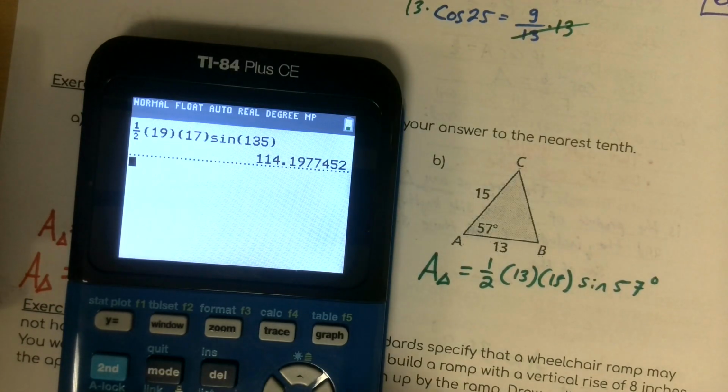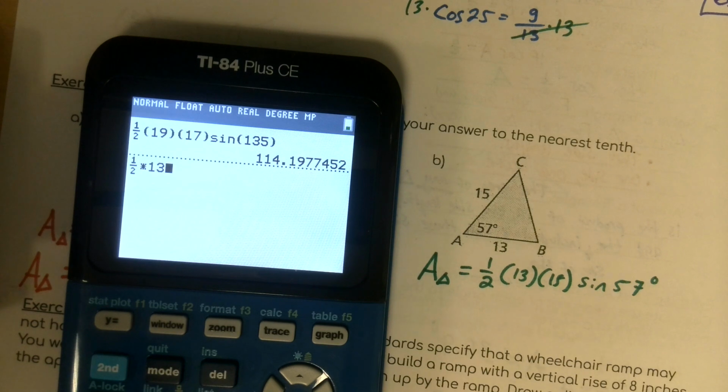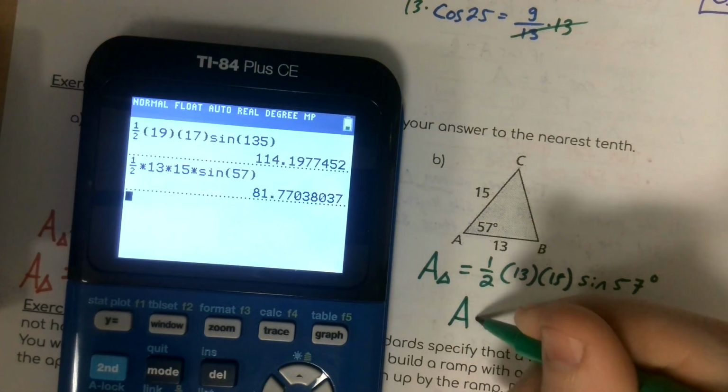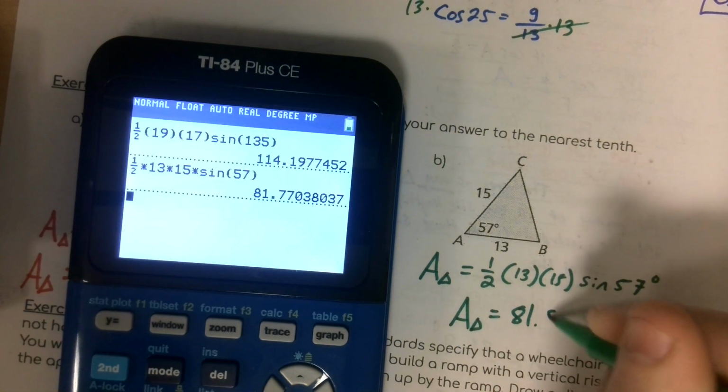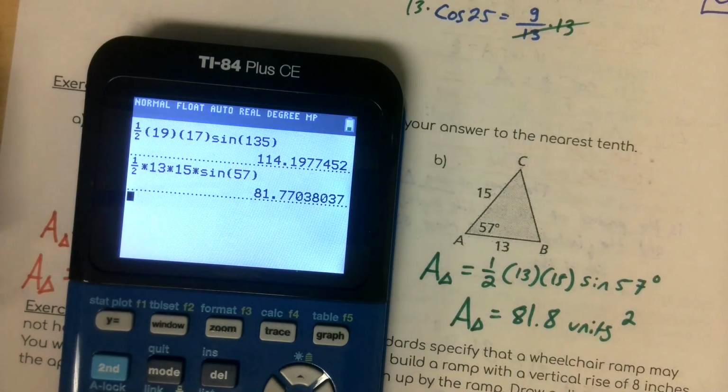We go through and do, once again, 1/2. This time I'll just use multiplication symbols. Times 13 times 15 times the sine of 57. That's the area. 81.8 units squared. Quick, right? That problem took maybe 30 seconds.